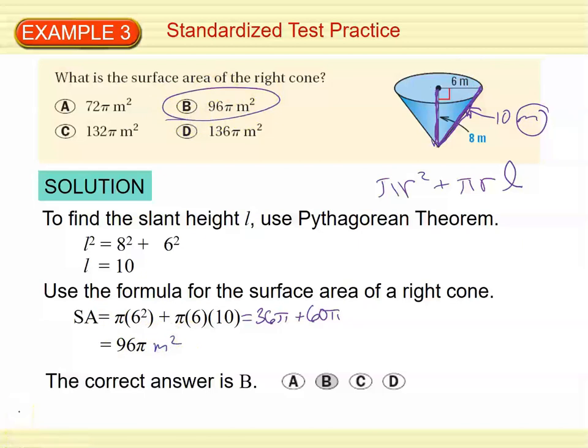Okay, you could also type it into your calculator, and if you type in 96 times pi into your calculator, or if you were to type it into your calculator at this step right here, you end up with 301.6 meters squared.